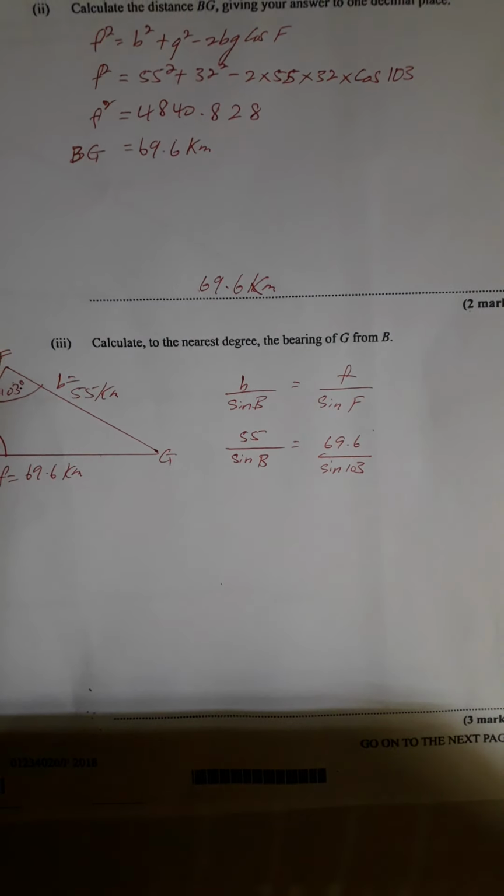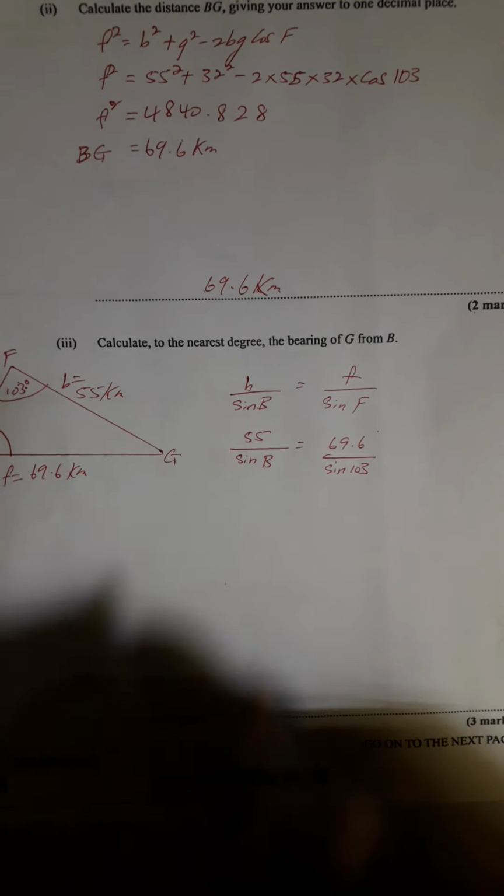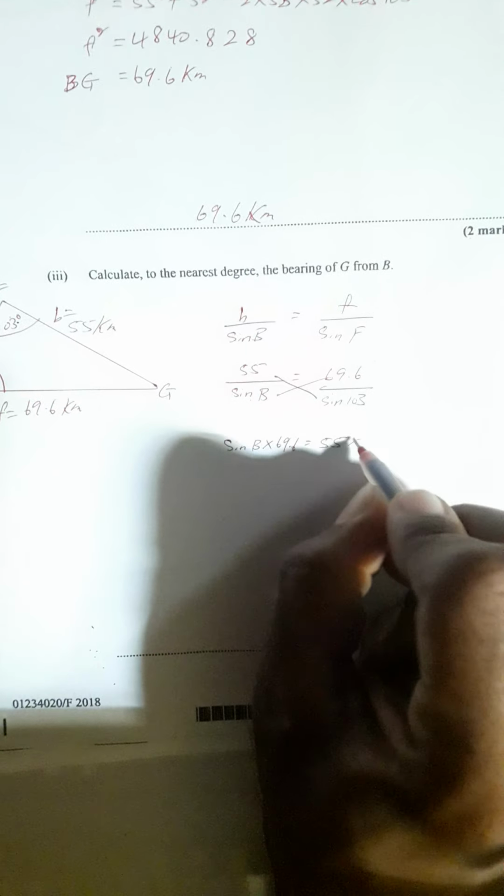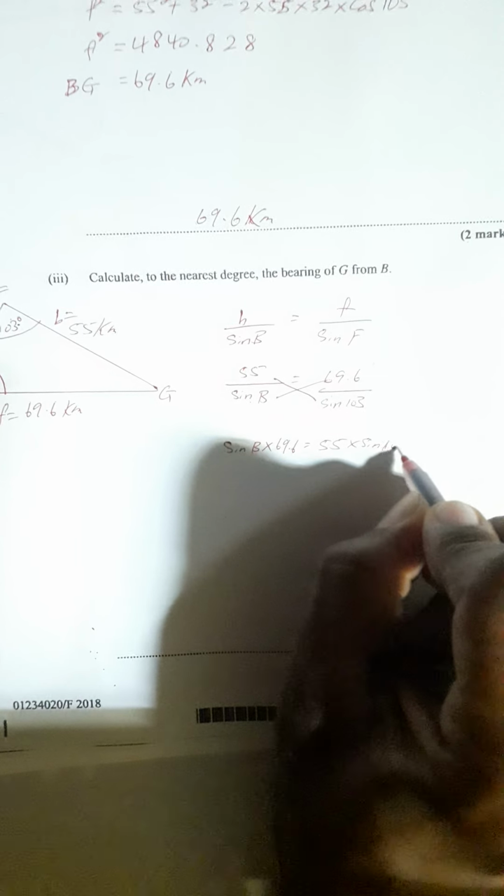Alright, everything good so far. Next step, we can cross multiply. Since we want to find sine B, we write that on the left hand side. So it will be sine B times 69.6 equal 55 times sine 103.